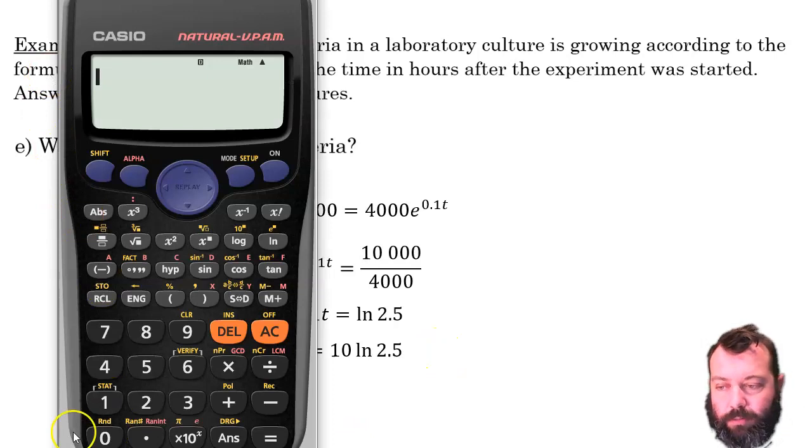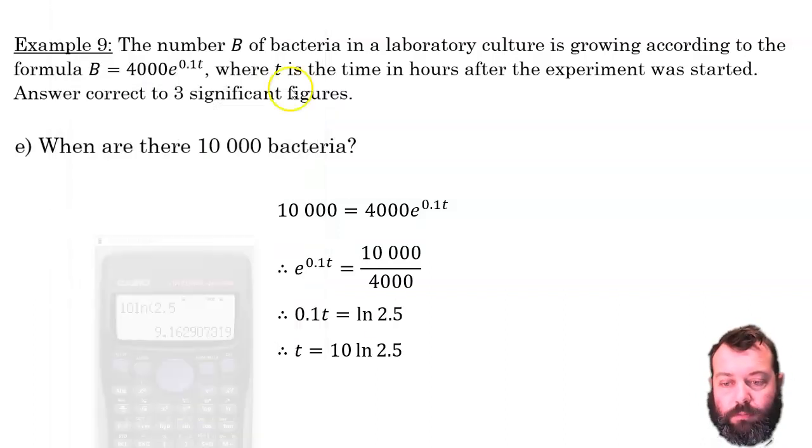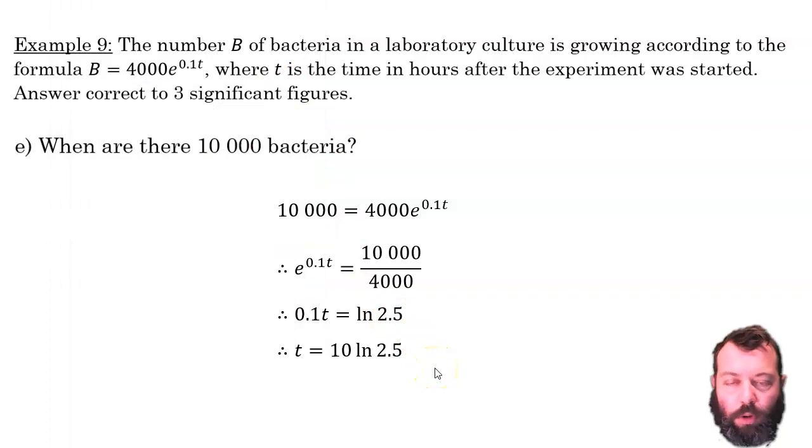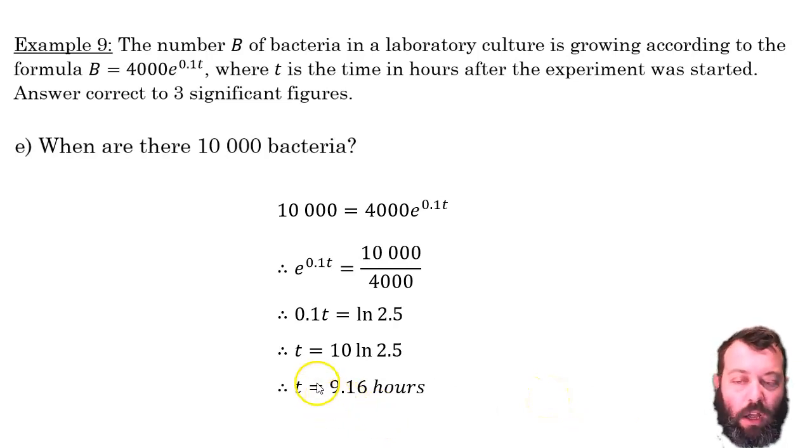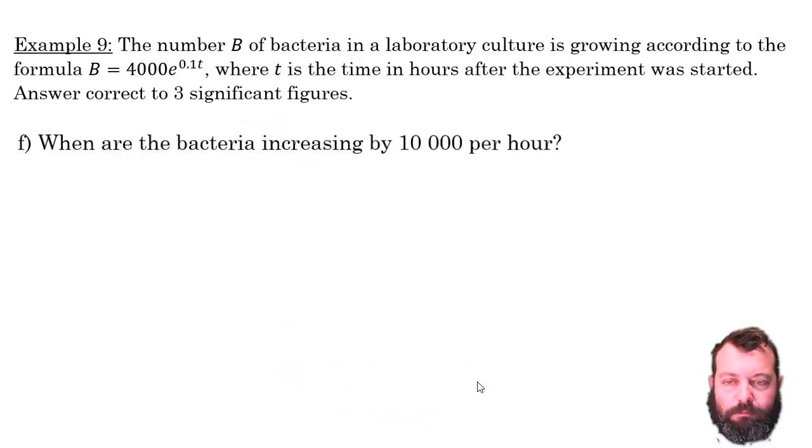Grab my calculator. 10 log 2.5 equals 9.16. Okay, after 9.16 hours. Three significant figures is a bit tricky. I could convert that to hours and minutes, I guess, but three significant figures, that'll do us. And I think this is the end.